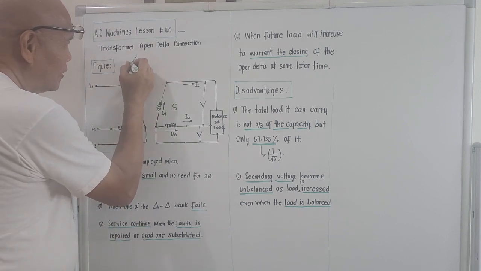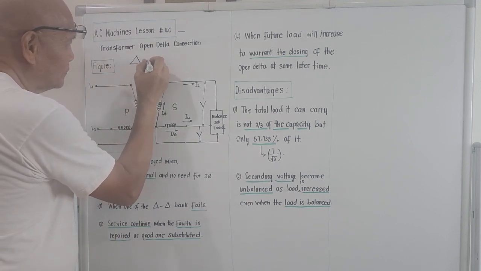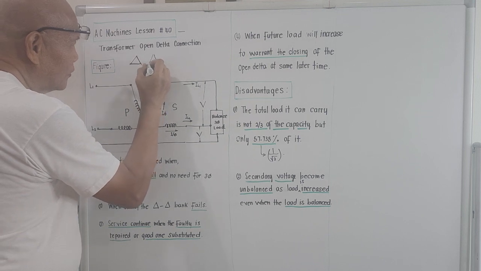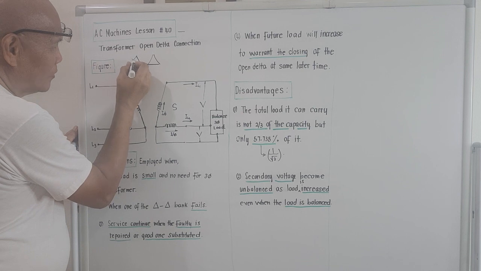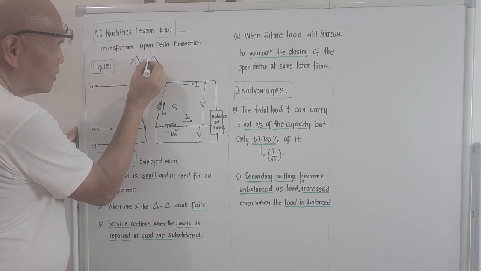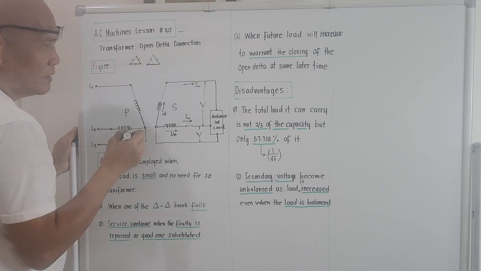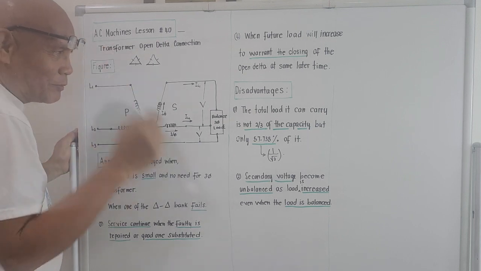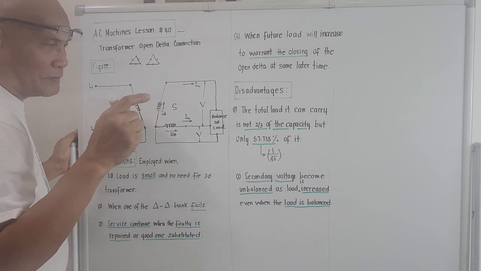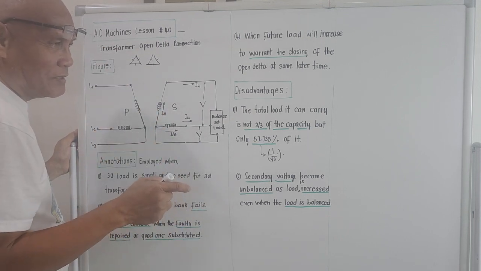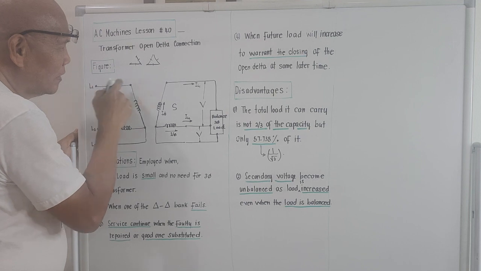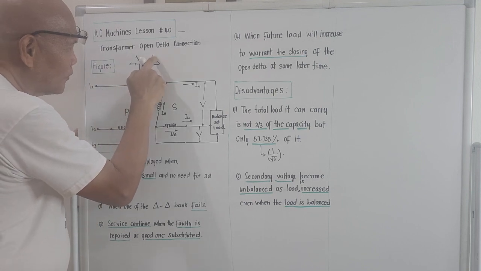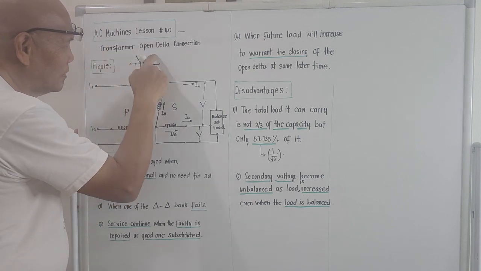If there is a delta to delta connection, three-phase transformer, one phase, second phase, third phase, one phase, second phase, third phase. For this morning, we will be discussing if one of the transformers fail on the primary and one of the transformers fail on the secondary.